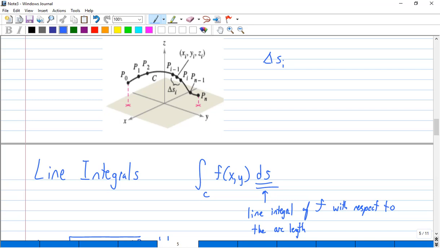All right, so if we choose a point in each subarc, and the length of the subarc is small enough, then the mass of the wire could be written as approximately the sum i equals 1 to n of f of x sub i, y sub i, z sub i, delta S sub i.